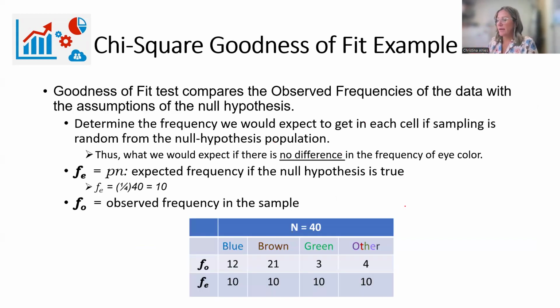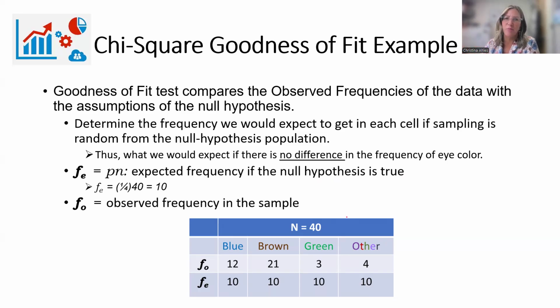But to get our expected frequencies, it's going to depend upon the alternative hypothesis and the null hypothesis. So our null hypothesis for this is basically there's not going to be a difference in the frequency of eye color. That just means that if there isn't a significant difference, we would see equal amounts across the four categories.